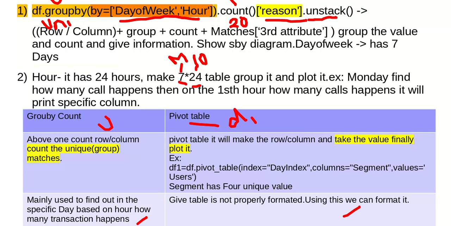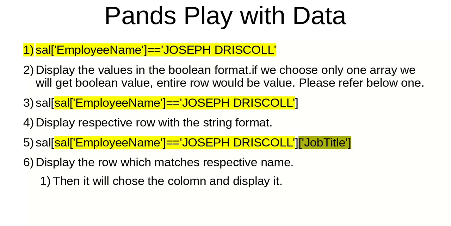Move on to the next one, and the pivot table, how to use it. Sorry, pandas plays with the data like Excel. Pandas, while using it the first time, can be a little bit confusing, so let me explain how this output will come. While using this output, you will get the value.